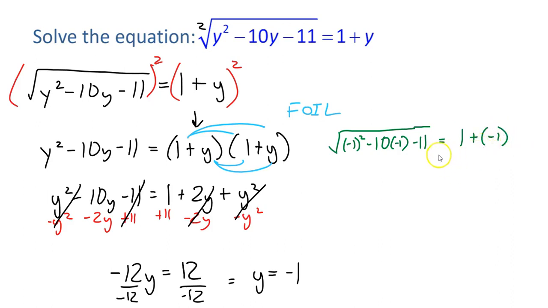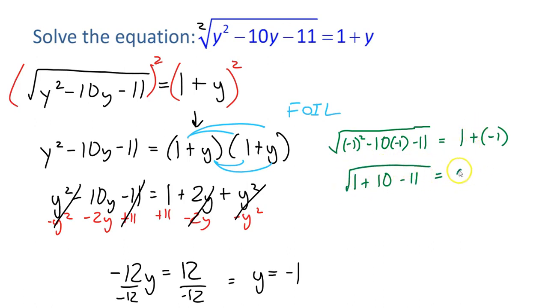Negative 1 squared is just 1. Then I've got a negative times a negative, so that's a plus 10. Keep the minus 11, all under the square root.